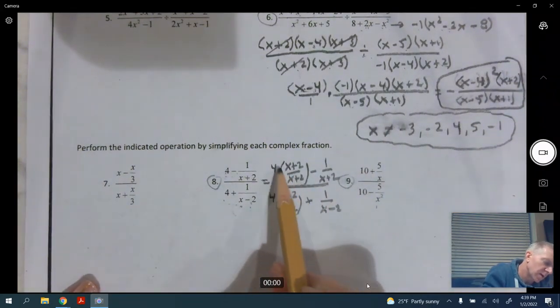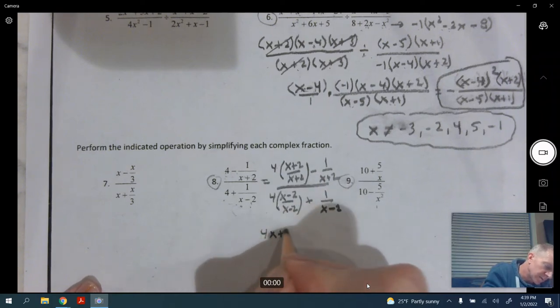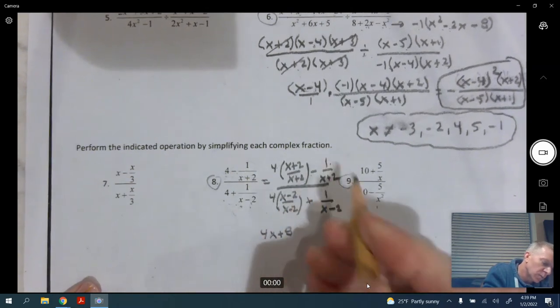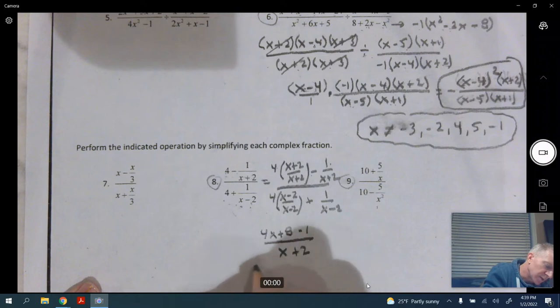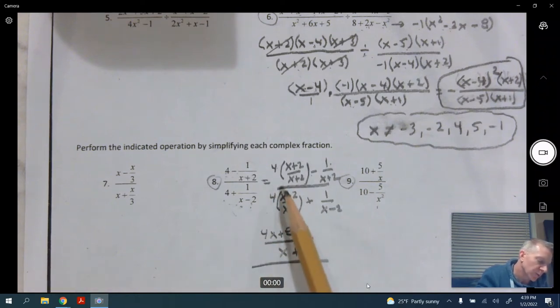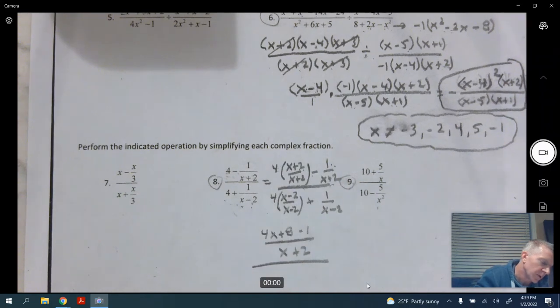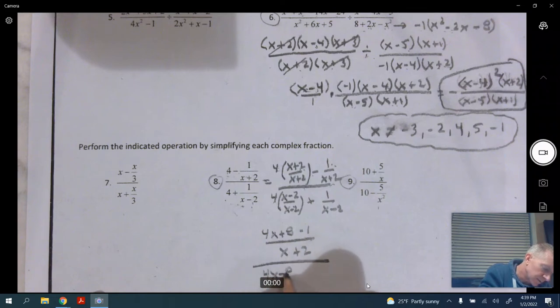Okay, so now on the top, we've got 4x plus 8 over x plus 2 minus 1 over x plus 2. So now that we have common denominators, we could just take the 4x plus 8 minus 1 all over x plus 2. Okay, on the bottom, we've got 4x minus 8 over x minus 2 plus 1 over x minus 2.